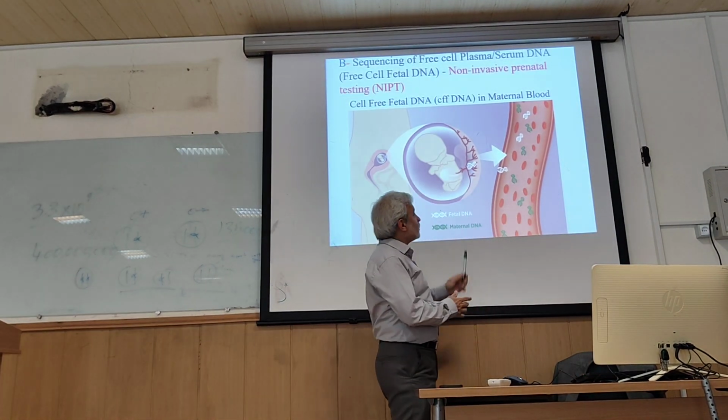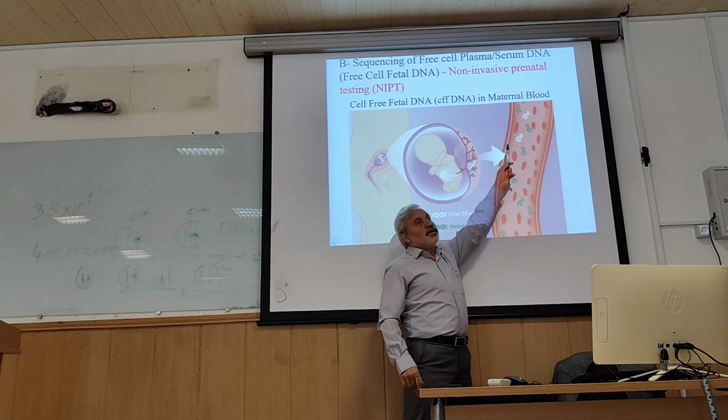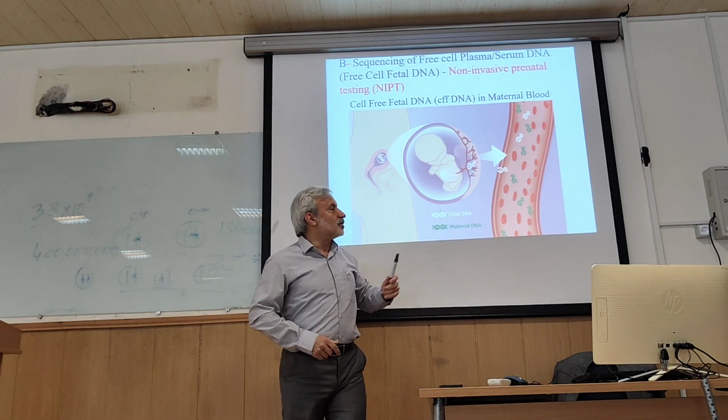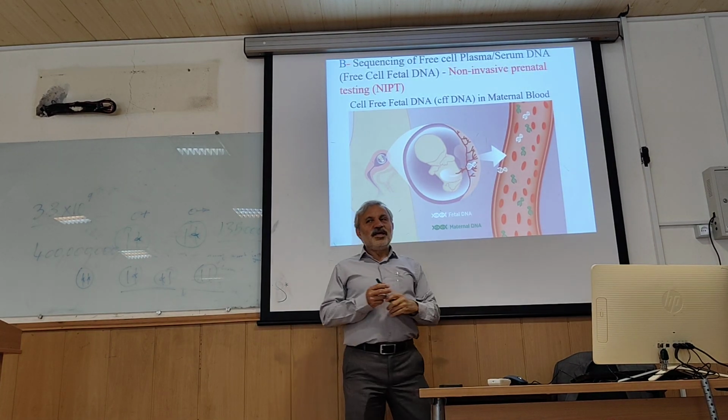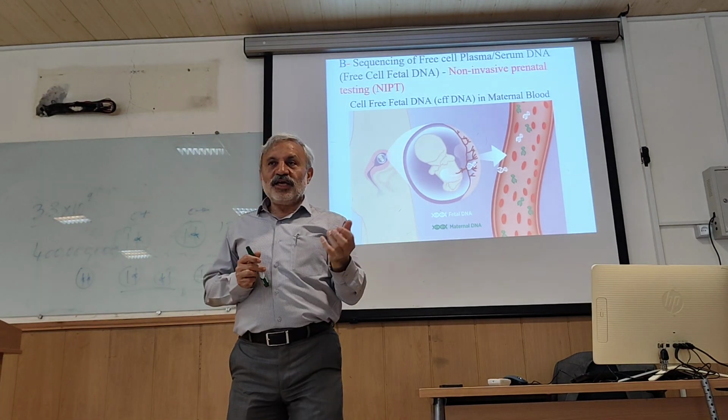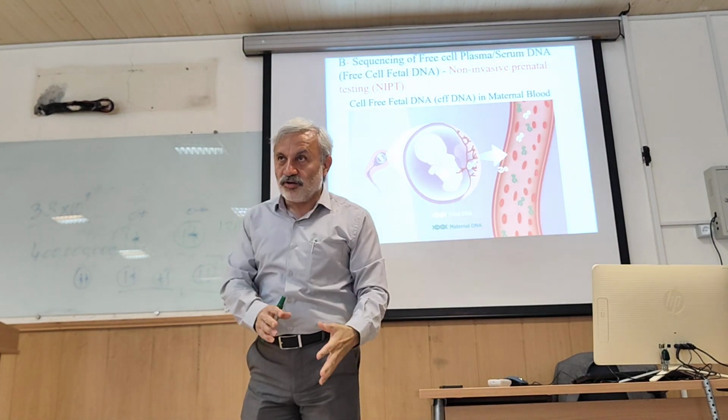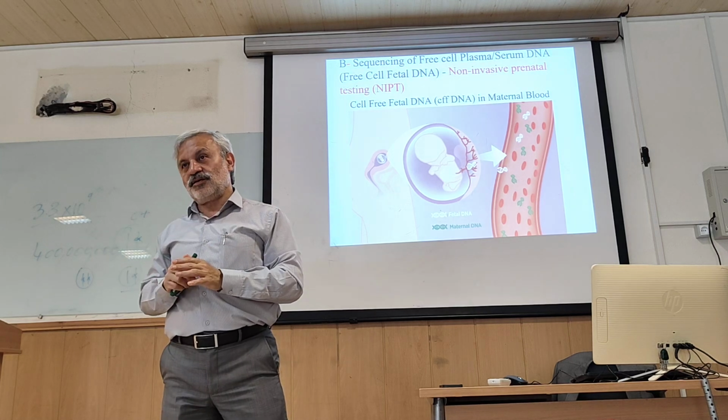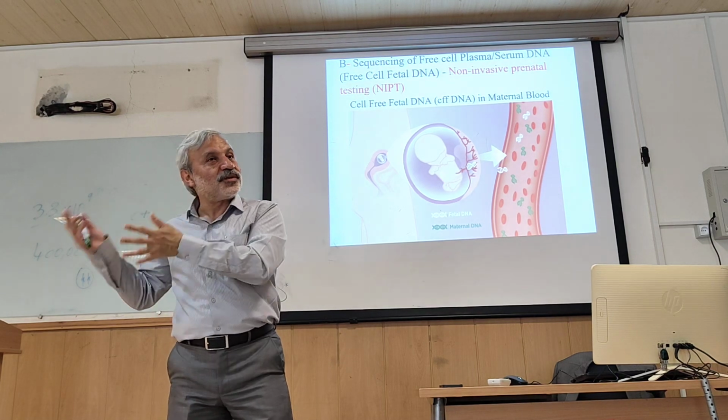Do you remember this one? Blood DNA. This is called fetal fraction. If the fetal DNA in the mother's blood is very low, we don't do the test. We have to repeat that.